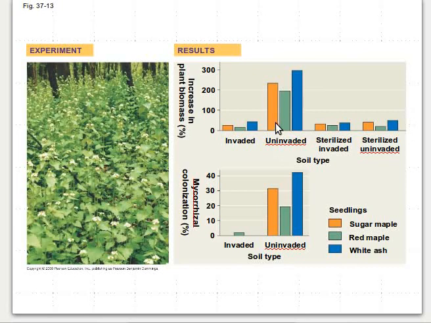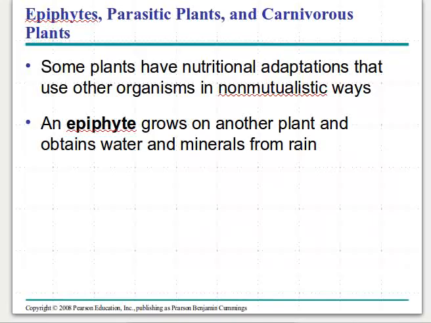And when you have the regular uninvaded soil, the benefits of these mycorrhizae are just huge. And so these are three different species: sugar maple, red maple, white ash. So they're important, and it's a big difference if they're not. Invasive species can inhibit this beneficial interaction.